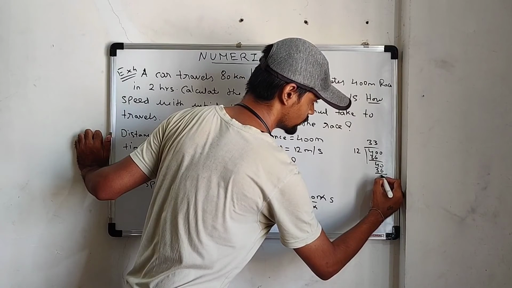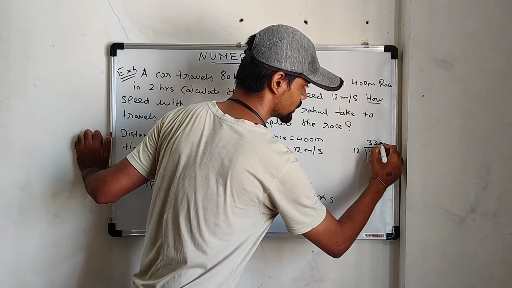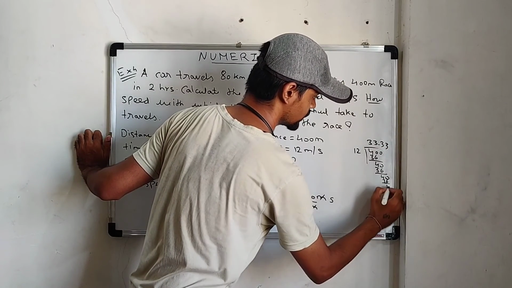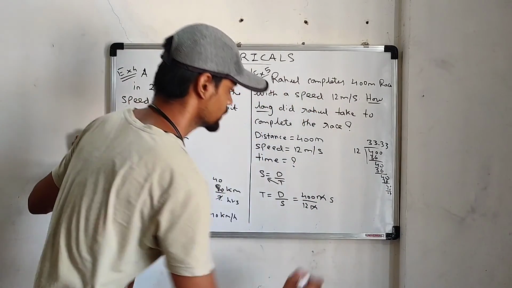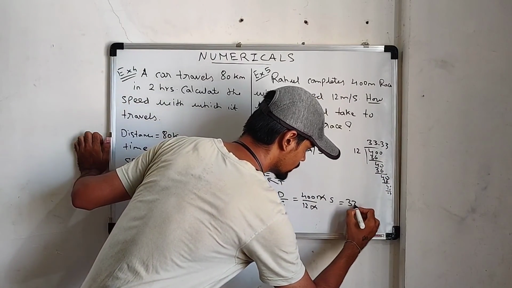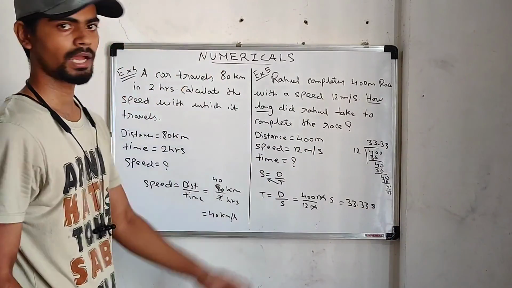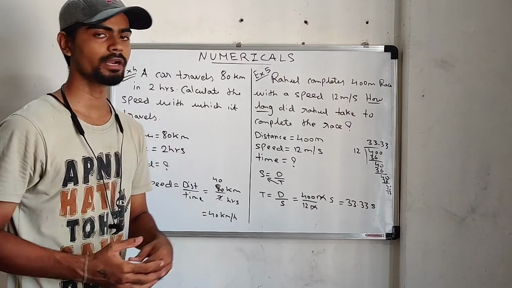Again we'll get a 4. If we put a decimal, we can put a 0. 12 3s are 36. Again 4. So what we are getting, basically answer is 33.33 seconds. That is the time Rahul took to complete the 400 meter race.